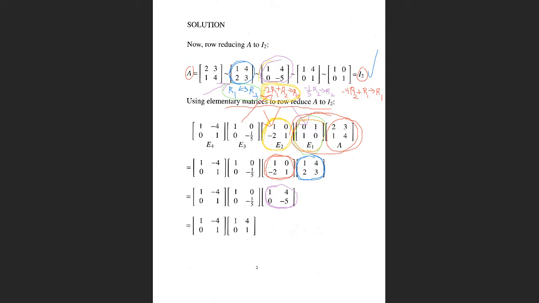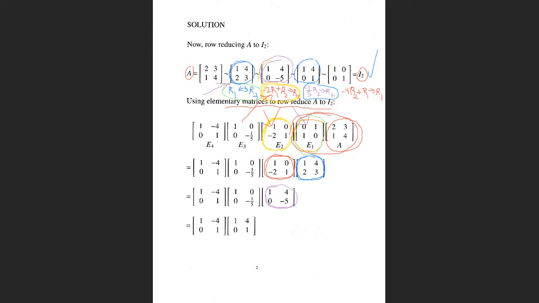Okay, excellent. And every row operation we do can be represented by an elementary matrix. For the third step, for instance, the third row operation, all we did was take the second row and multiply it by -1/5 and replace the second row with that result.